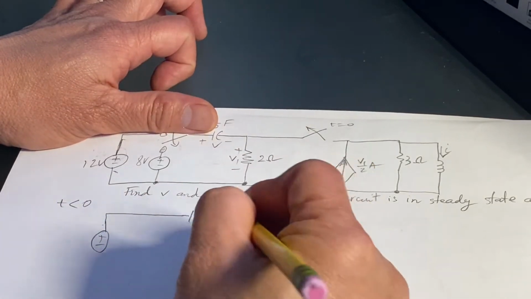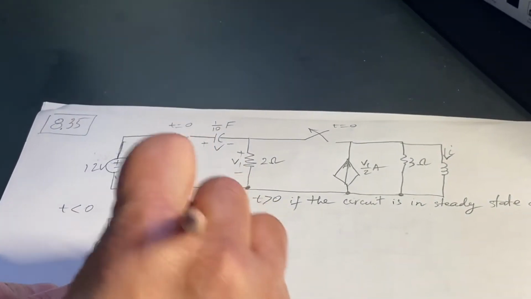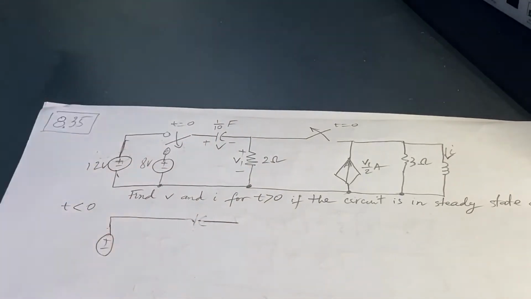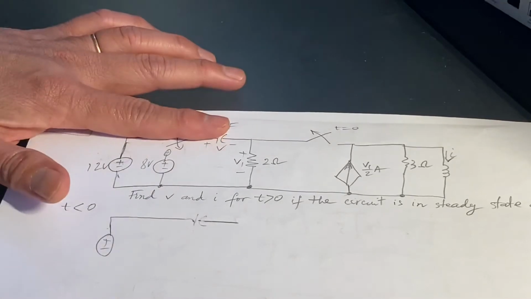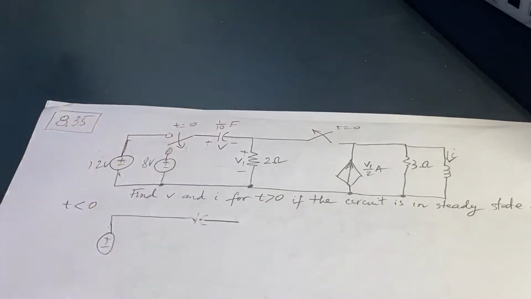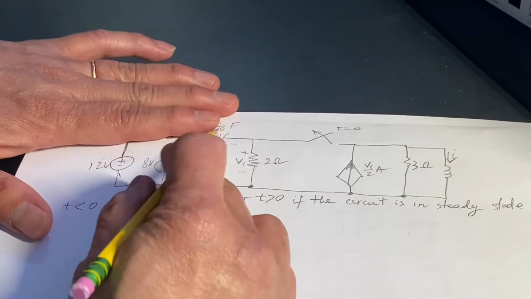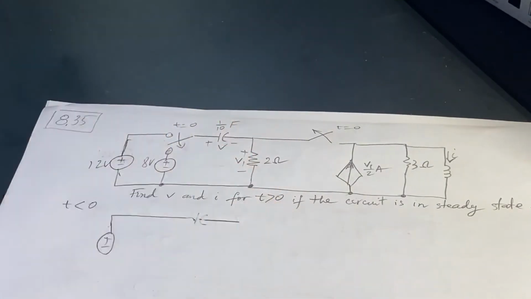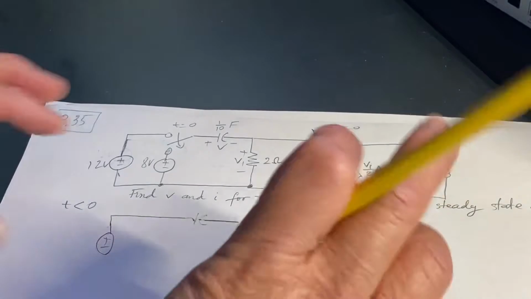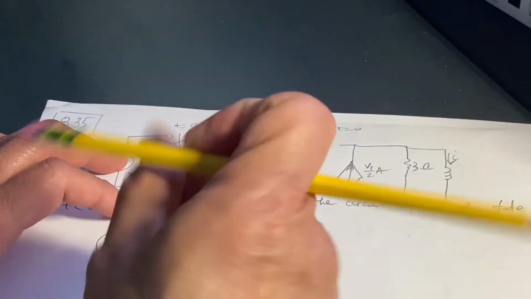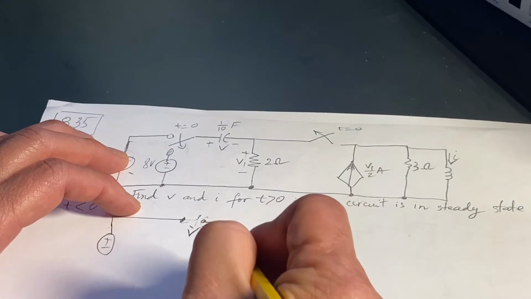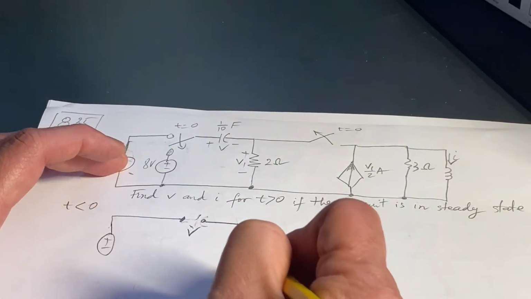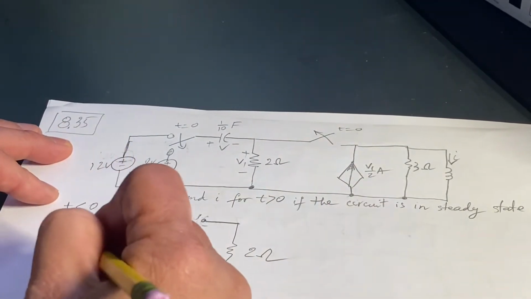But at the initial value, because it's closed a long time ago, this capacitor will behave as an open circuit. So this is V, and we have the resistor here, 2 ohm. This is 12 volt.